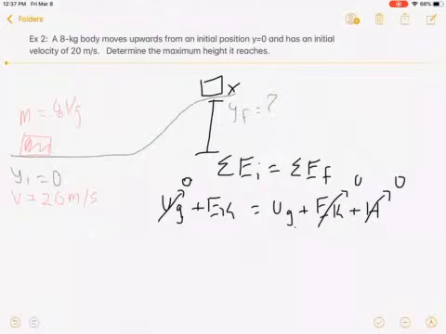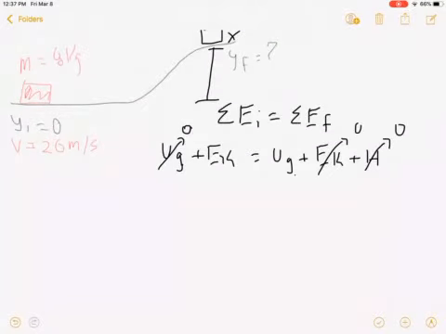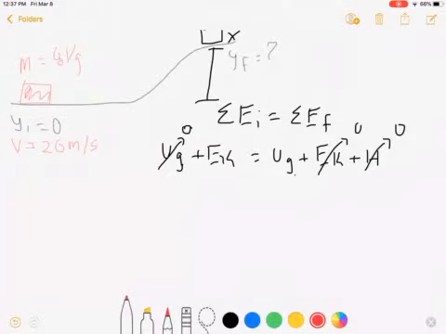To continue with our equation, for kinetic energy, I have a half mv squared is equal to mgh. So I'm going to have 1/2 the mass, which is 8 kilograms, times my velocity, which is 20 meters per second squared.